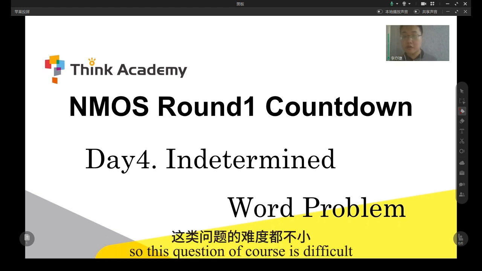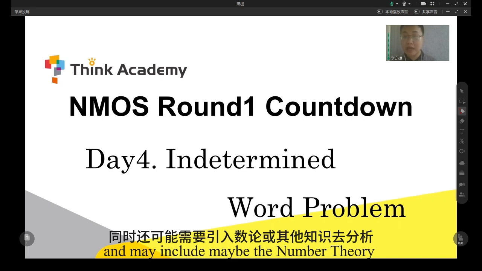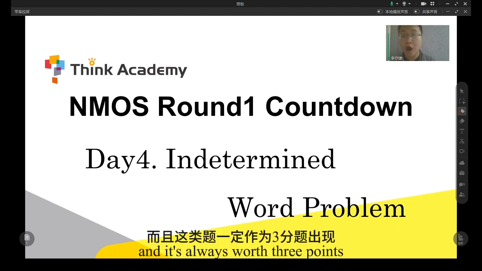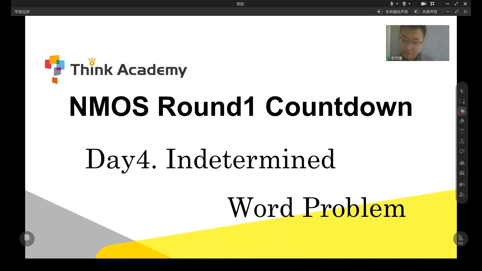So this question, of course, is difficult as it's abnormal and may include number theory and other points of knowledge. So it's a complex question and it's always worth 3 points. So let's look at it.